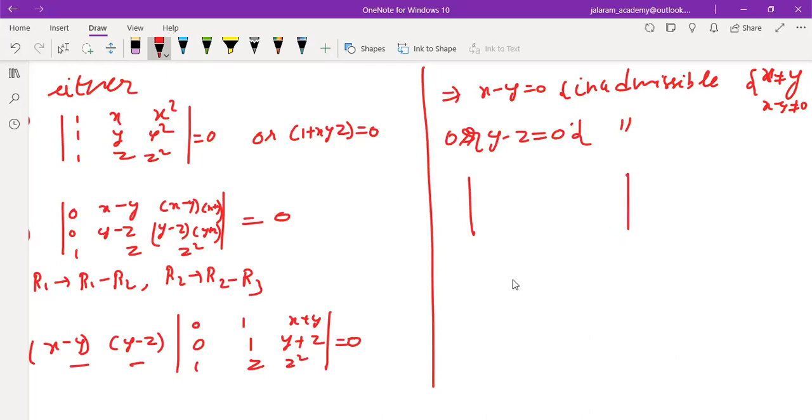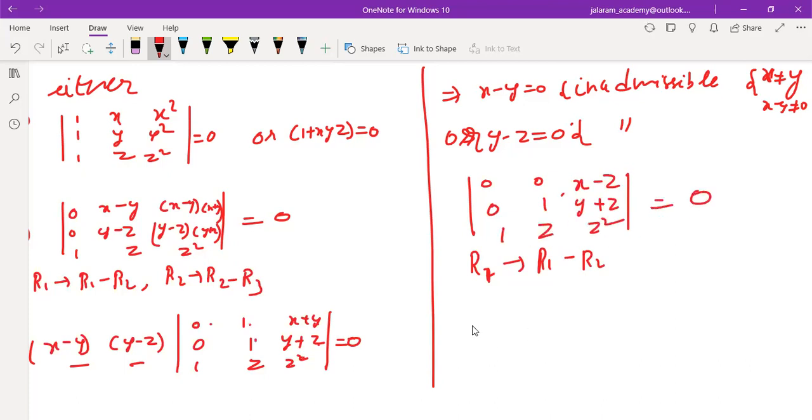And if we again want to bring 0, we again use R1 operated as R1 minus R2. So 0 minus 0 will be 0. 1 minus 1 will be 0. x plus y minus y plus z will be x minus z. The second row is written as it is, 0, 1, y plus z. The third row is also written as it is, 1, z, z square equals to 0.